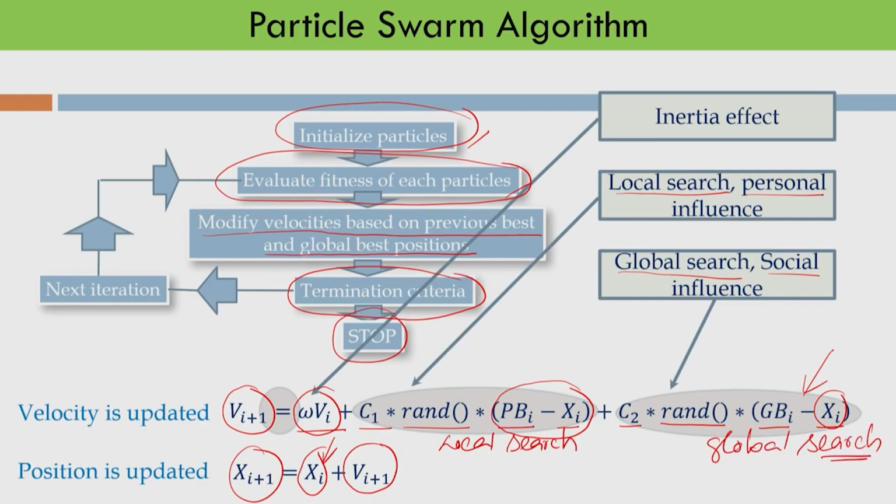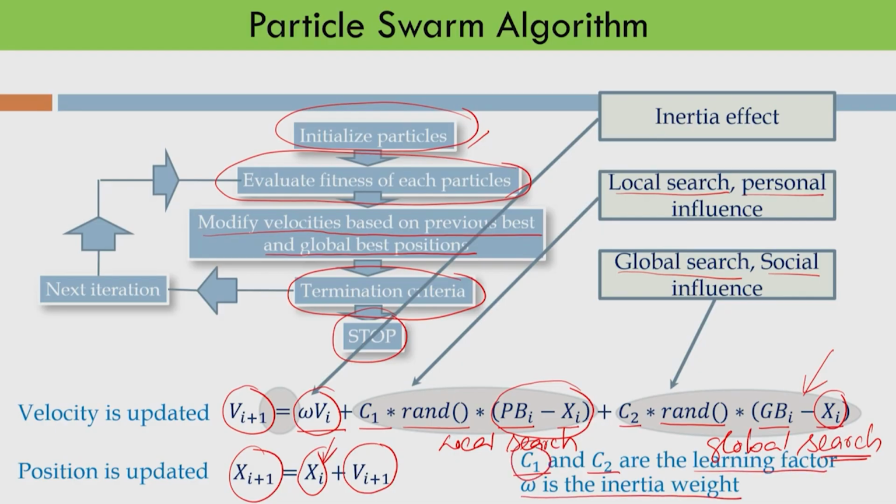Okay. And so this is the inertia effect. As you have seen, this is a very simple algorithm, so it can be implemented easily. With a few lines of code you can implement it, and as I said, this is one of the most popular and powerful metaheuristic optimization algorithms for solving nonlinear optimization problems. Here C1 and C2 are the learning factors and omega is the inertia factor.